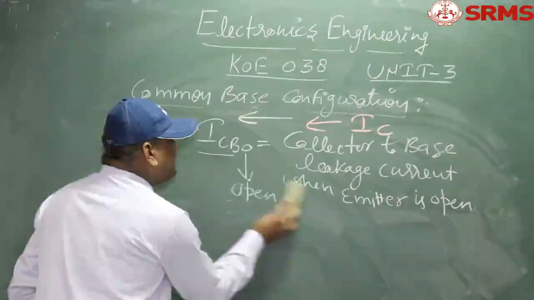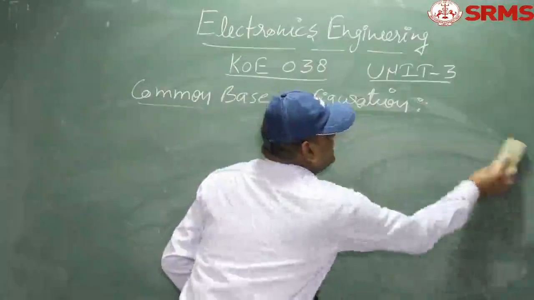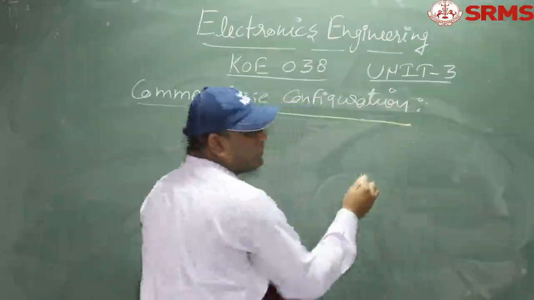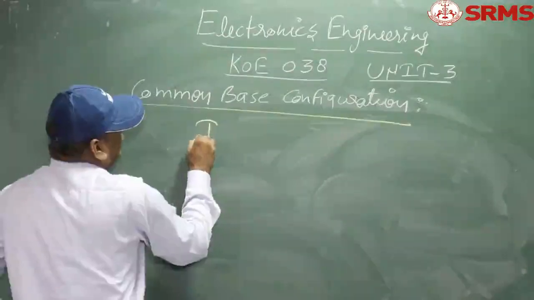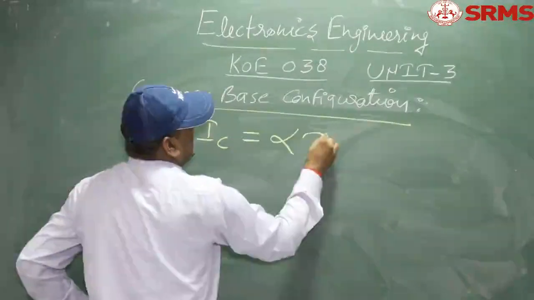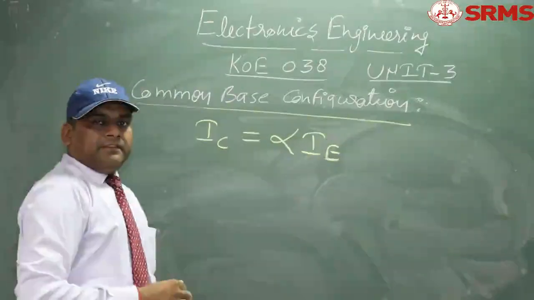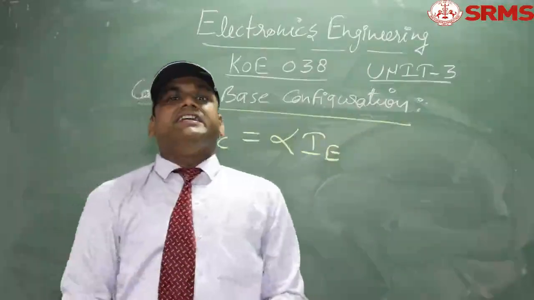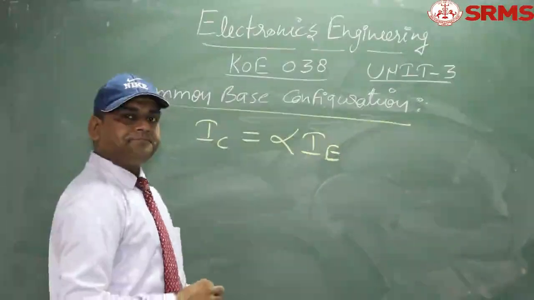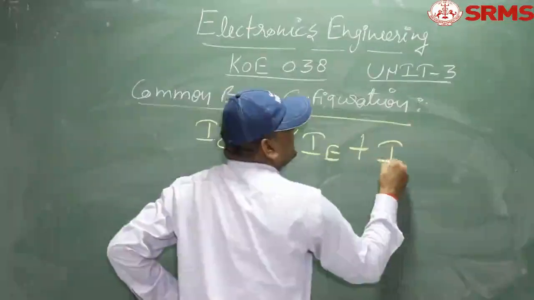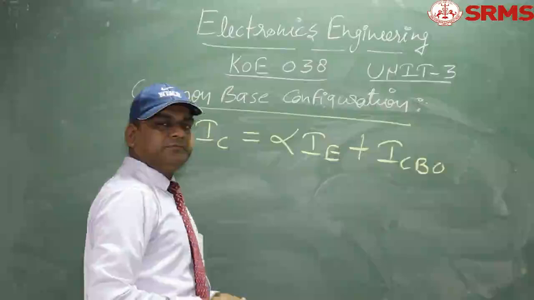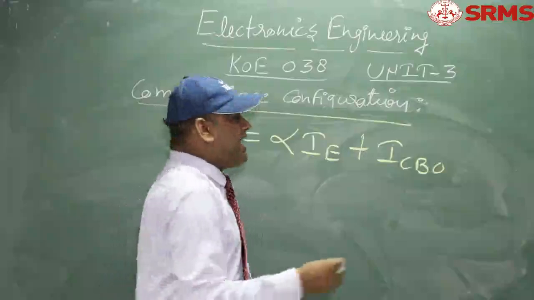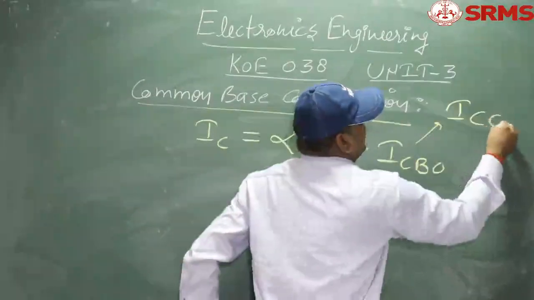So if you want to write the final current relationship for the common base configuration, IC is equal to alpha times IE, where alpha is closer to 1, plus ICBO, collector to base leakage current, where O stands for open, emitter is open. And in some books, it is also defined as ICO.